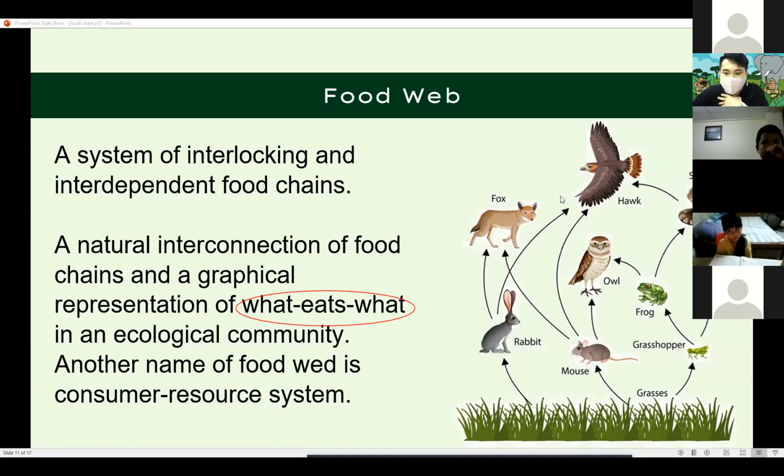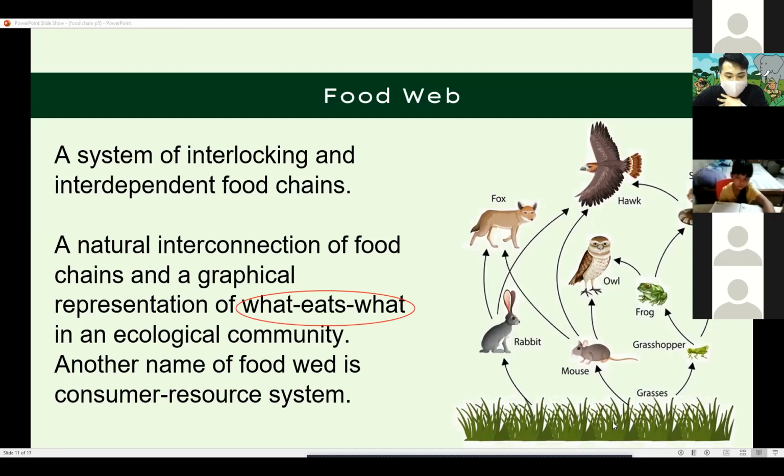So, if you look at this picture, the starting of the food web starts from where? From the producer, or the grasses here. After that, they will be eaten by the primary consumers. What are the primary consumers?